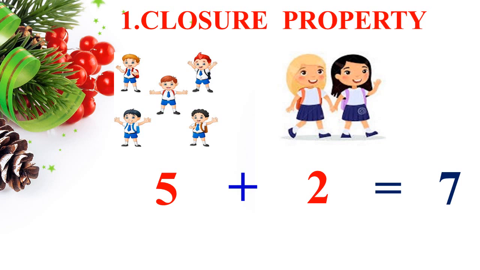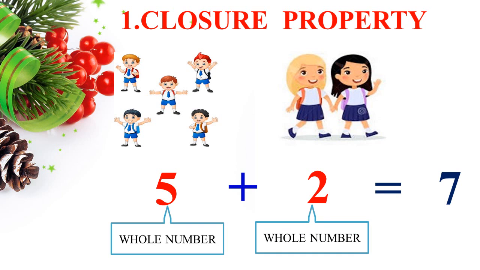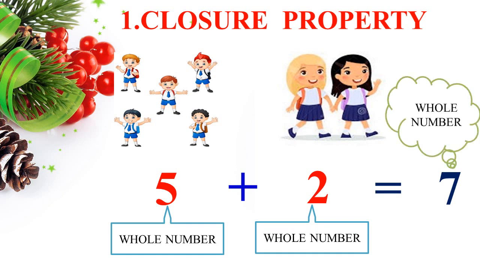We add the number of boys and the number of girls. So the result is 7. Here 5 and 2 are whole numbers, and the result 7 is also a whole number. So we learn from this, when we add two whole numbers, we always get a sum that is also a whole number.